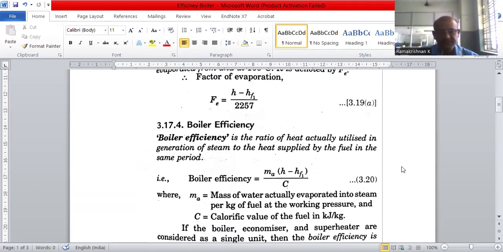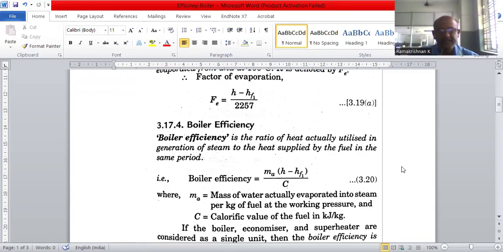Generally, the performance is expressed in terms of boiler efficiency. Simply speaking, the boiler efficiency expresses how well the boiler utilizes the fuel to convert it into steam. So, it is the capacity of the boiler to generate steam for an input of fuel.